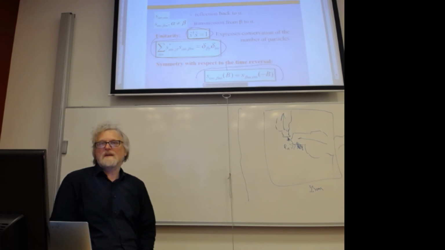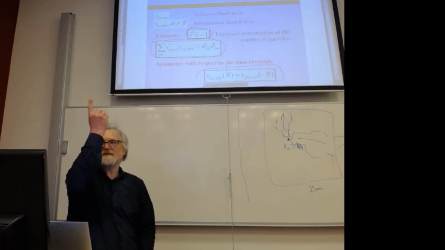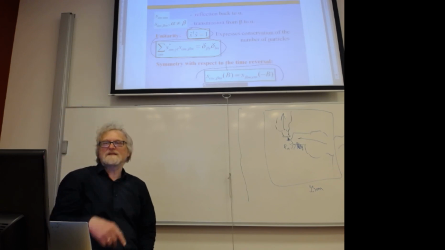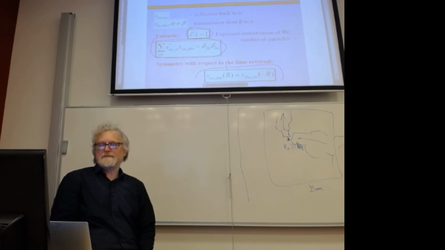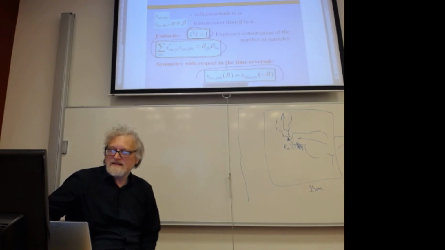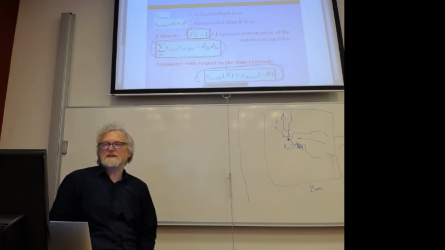In order to memorize it, I also have to recall that magnetic field is due to circulating current. So if time is inverted, it will circulate in opposite direction. So the magnetic field will change sign. So that's a relation which defines symmetry with respect to time reversal.